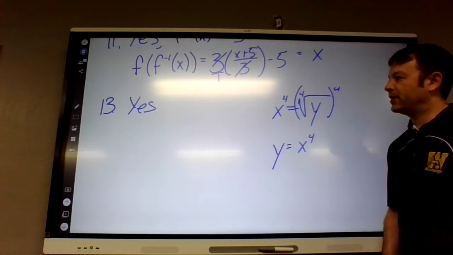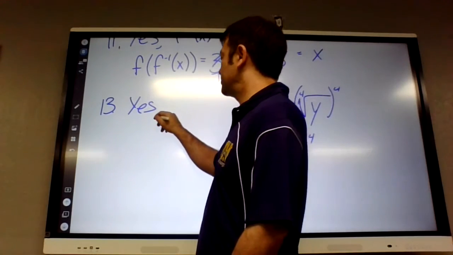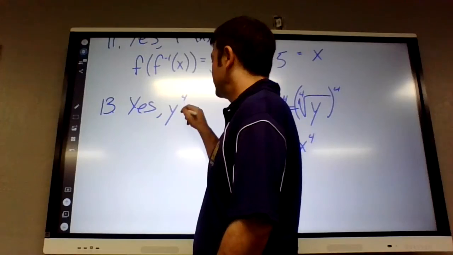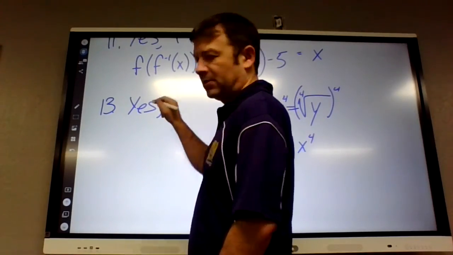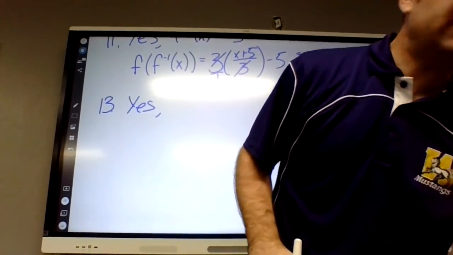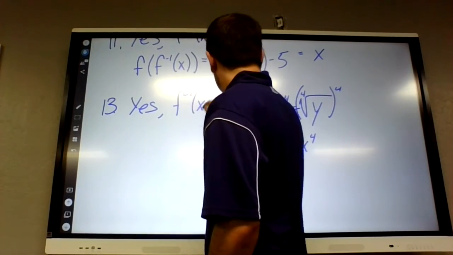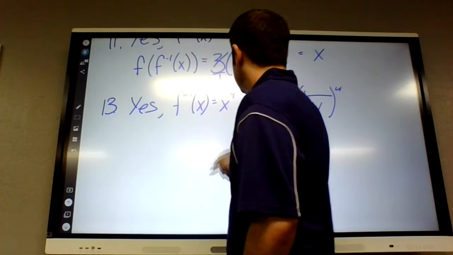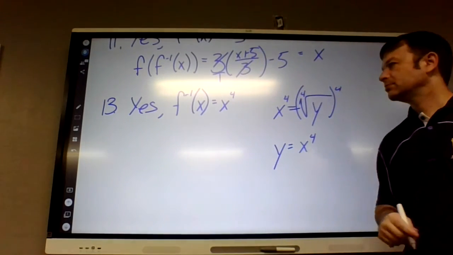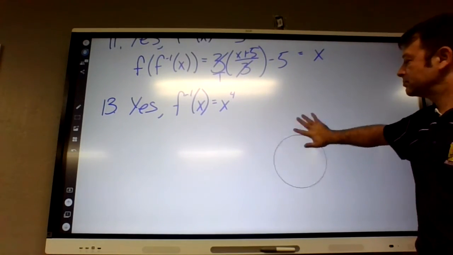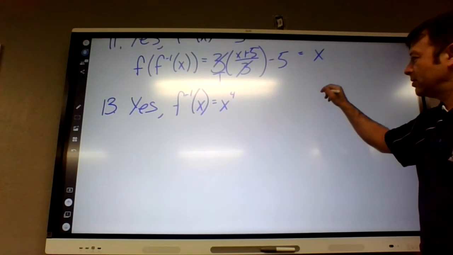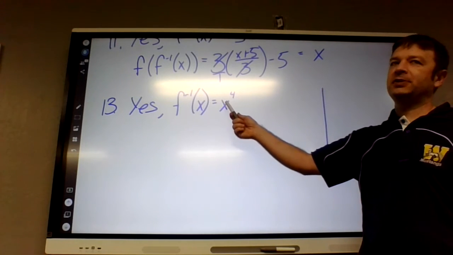I don't know if we graphed that one either. You guys have any ideas what that might look like? It's called f inverse again. Well, do you guys know what the roots of this function are?